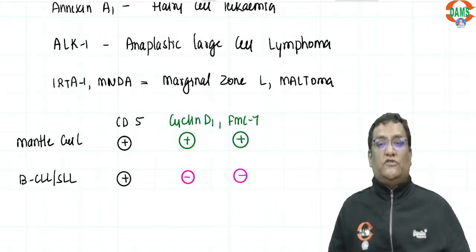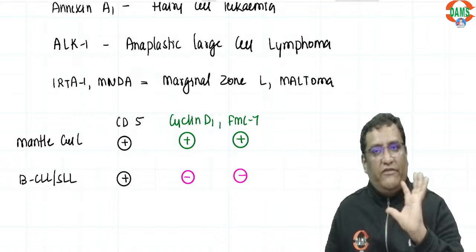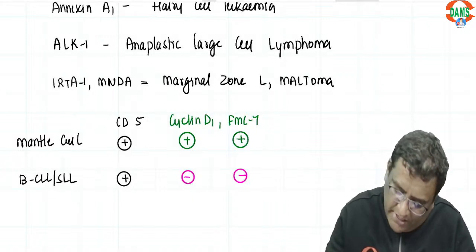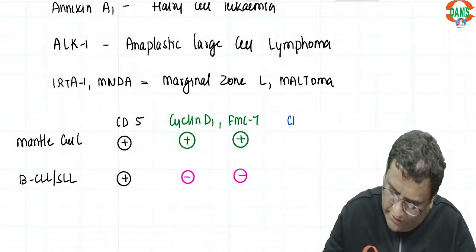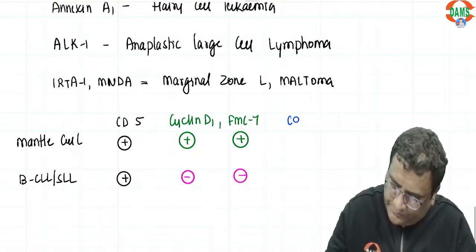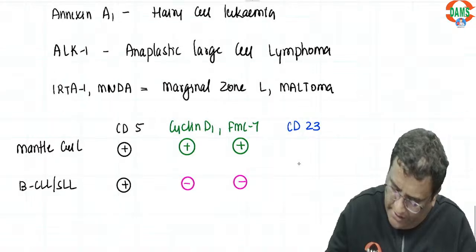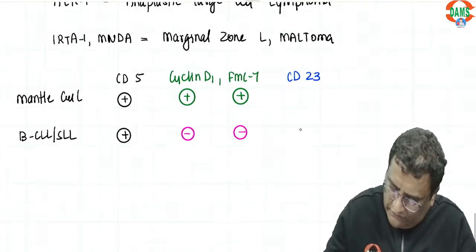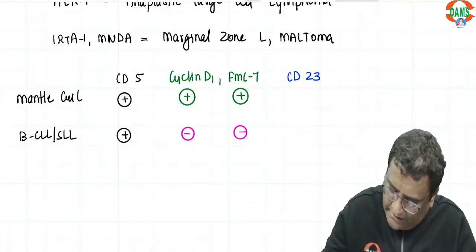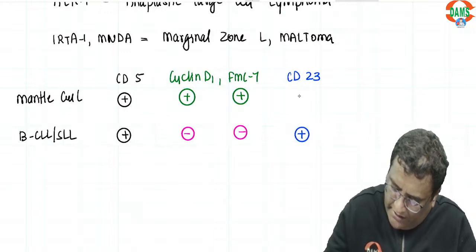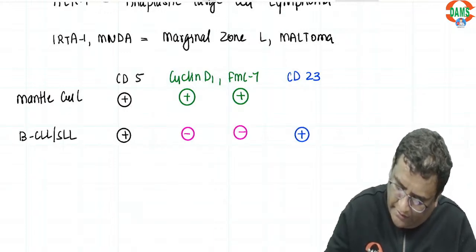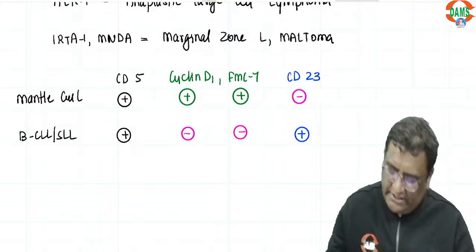Pre-germinal CD5, understood. Marker of germinal is CD23. CD23 will be positive in BCLL SLL and it will be negative in mantle cell lymphoma.